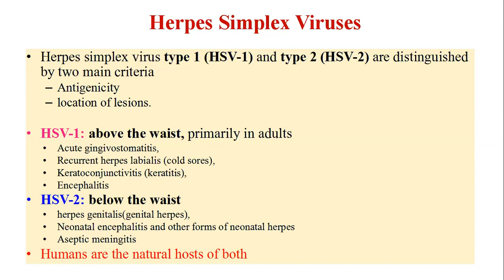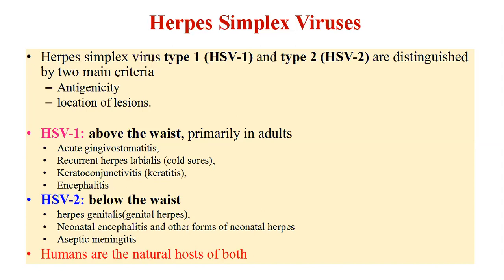HSV2, which creates lesions or infections below the waist, is responsible for herpes genitalis or genital herpes, neonatal encephalitis and other forms of neonatal herpes, and aseptic meningitis.